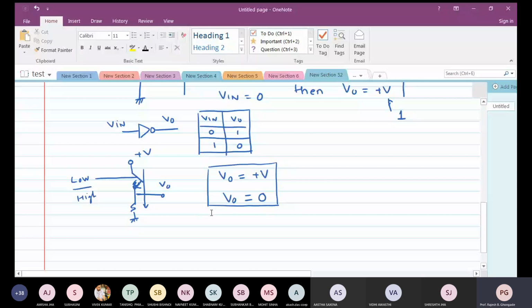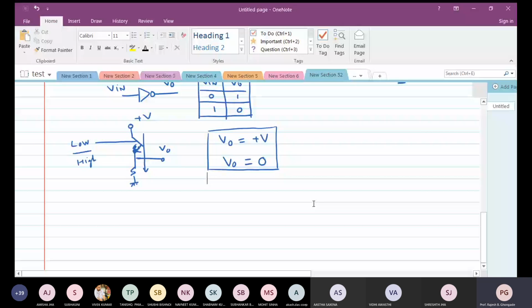Yes, sir. Now, in both the cases, the switches which are voltage controlled are off when VGS is equal to 0. Let us now replace this with the MOSFETs.